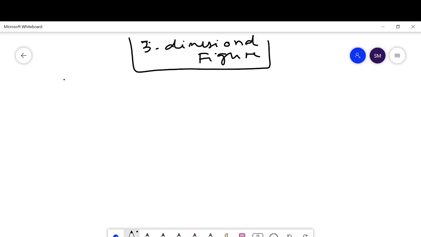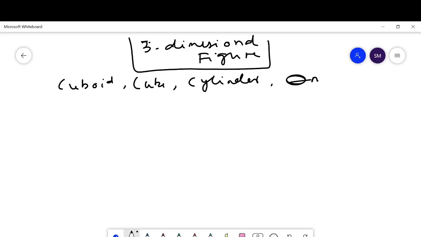Normally solids are cuboids. They may be a cuboid, a cube, a cylinder. All these are three-dimensional figures. They all are called solids. Cones and spheres are also called three-dimensional solids.